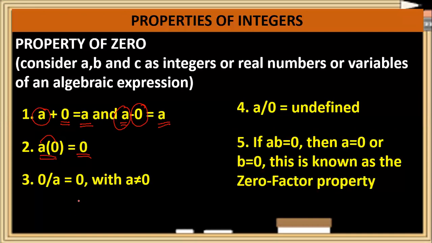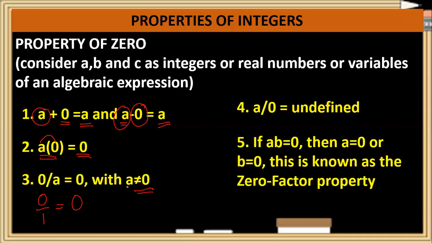Now here, if you divide 0 by any integer, for example 0 over 1, the answer will always be 0, provided A is not equal to 0. Kasi kung 0 yan, iba na yung sagot natin. So this is the third property of 0.